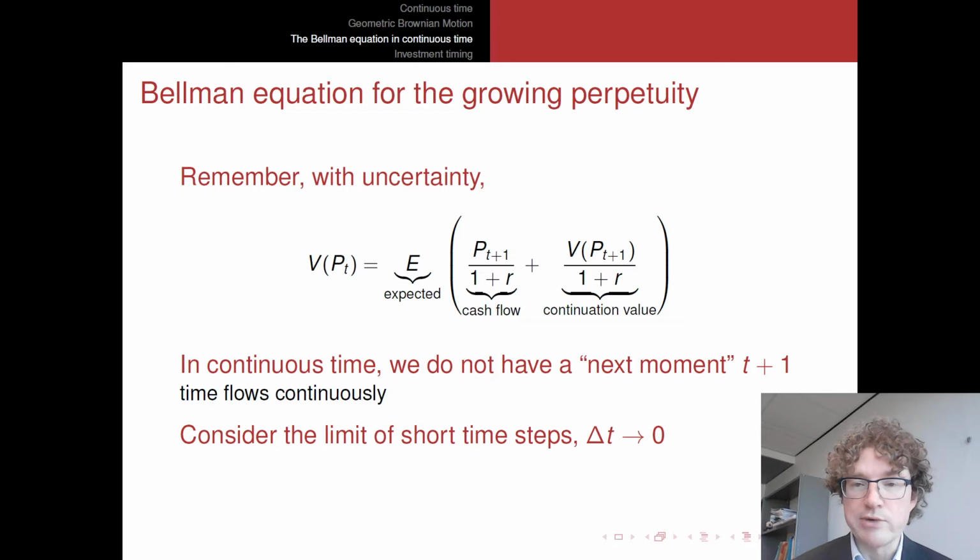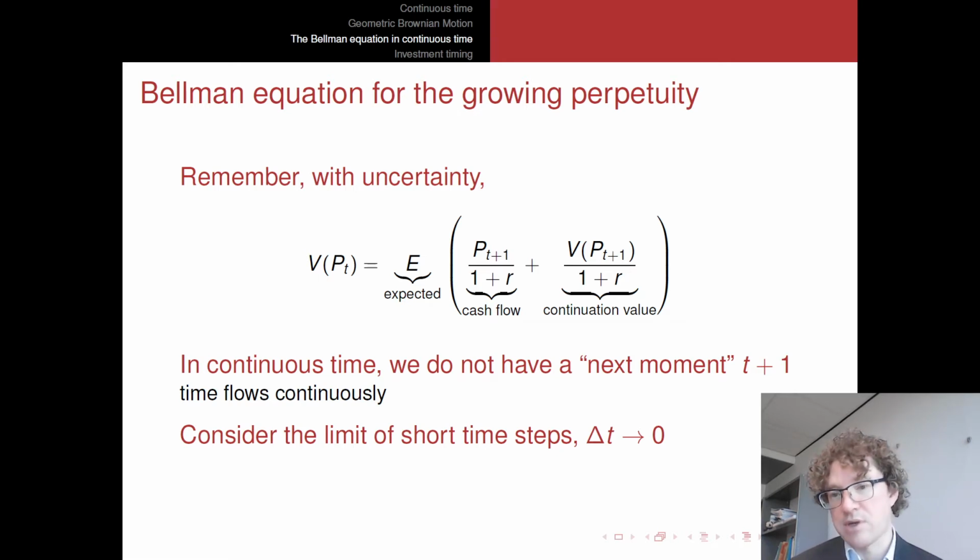So this we could do in discrete time, so we have to look at the next step. We take today's value as the expected value of the next step's value, including the cash flow that we get in the next step. Well, this next step does not really exist in continuous time, right? We don't really have this next moment t plus 1 because time is flowing continuously.